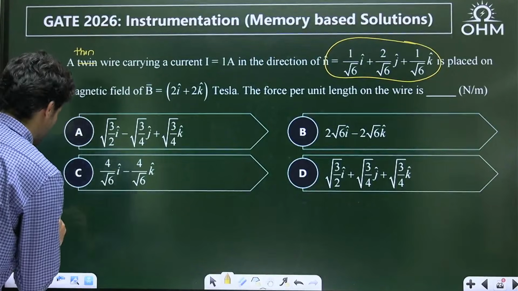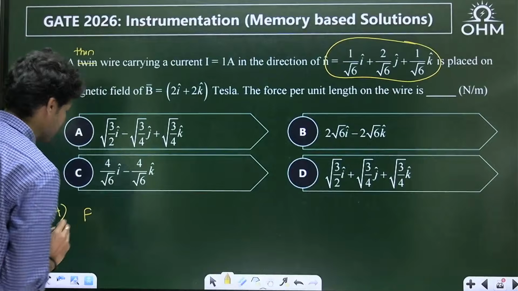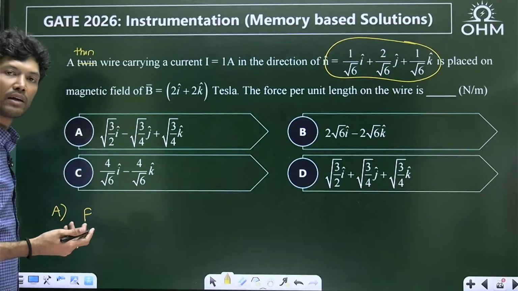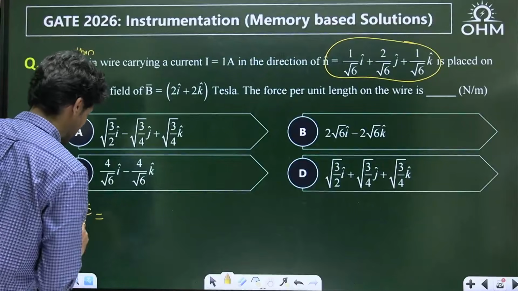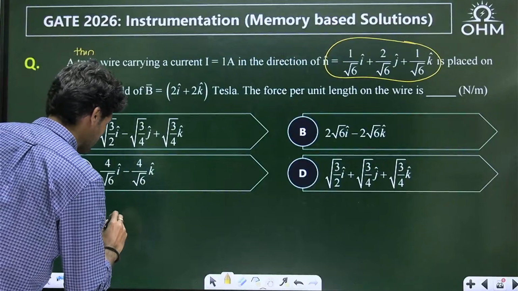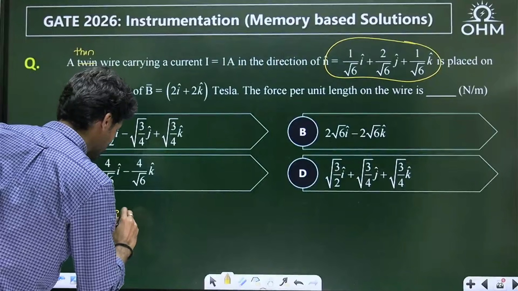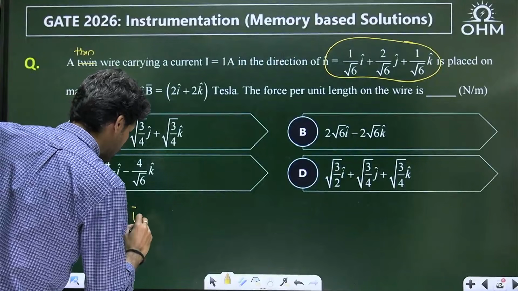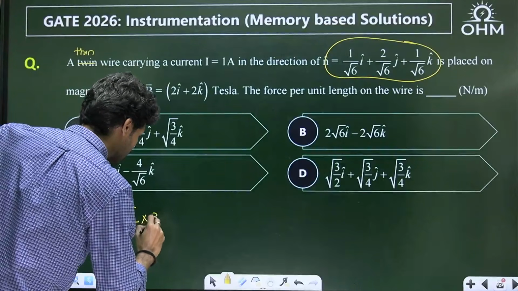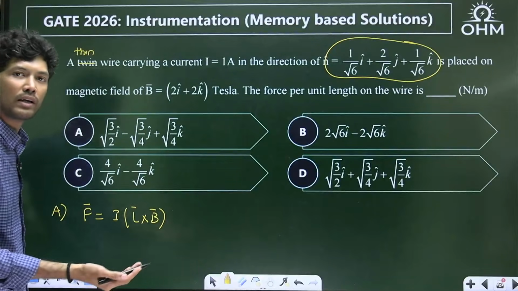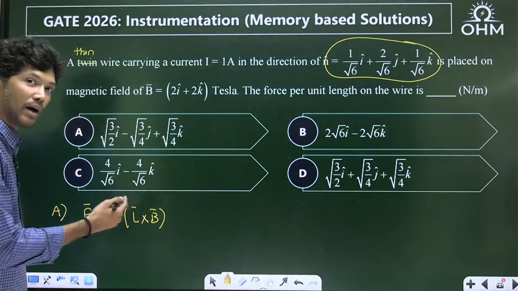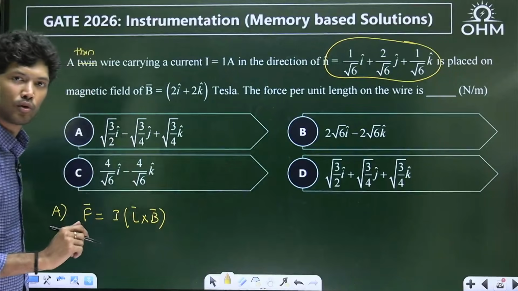Okay. So what is the force acting on a current carrying conductor carrying a current of I in the presence of a magnetic field? This F bar is given by I into L bar cross B bar. Where I is nothing but the total current carried by the conductor. L bar indicates the direction in which the current is flowing.